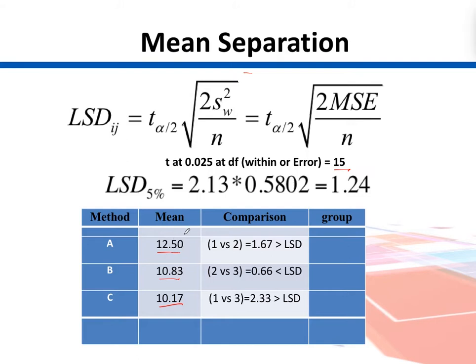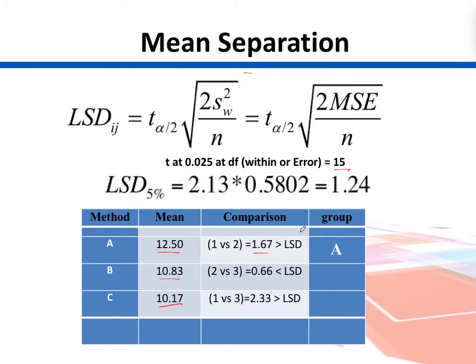So now we compare this first mean with the second, and the number which we get is 1.67, and the LSD is 1.24, so since 1.67 is greater than this LSD, we believe that this 1 and 2 are from different groups, so now we assign those groups different letters.